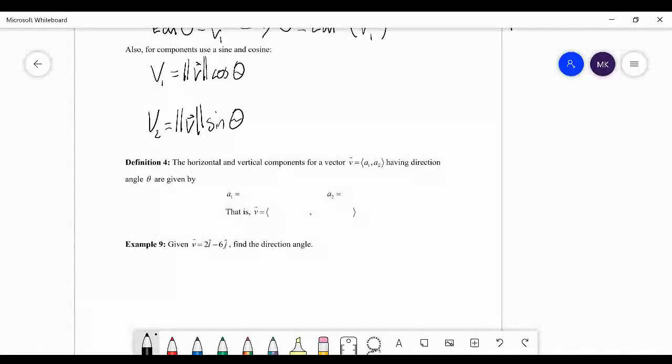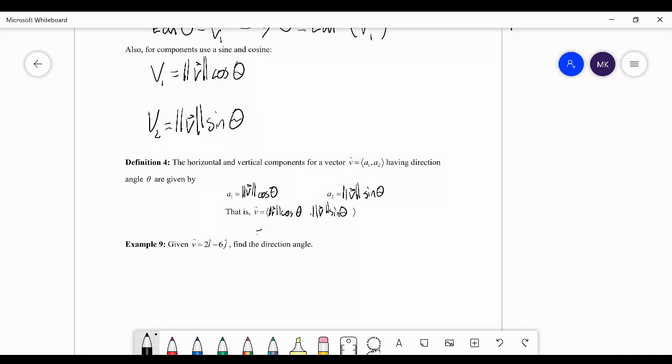So another definition. The horizontal and vertical components for a vector v equaling a1, a2, having direction angle theta, are given by exactly what we just talked about. So a1 is the magnitude of v times cosine theta, a2 the magnitude of v times sine theta. So v is the magnitude of v times cosine theta, comma, magnitude of v sine theta.